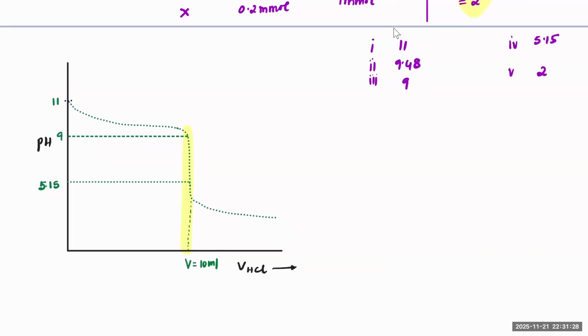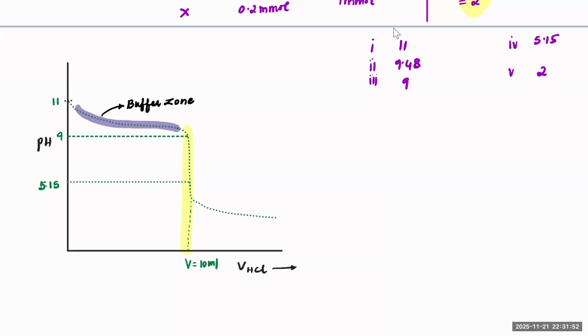Right. In the graph, what you need to remember is this area, this space here. Let me take a different color. From this point to this point here, from here to here, this is called the buffer zone.